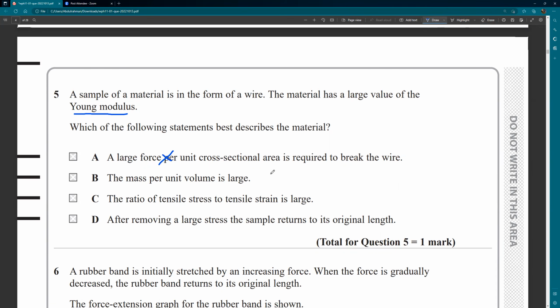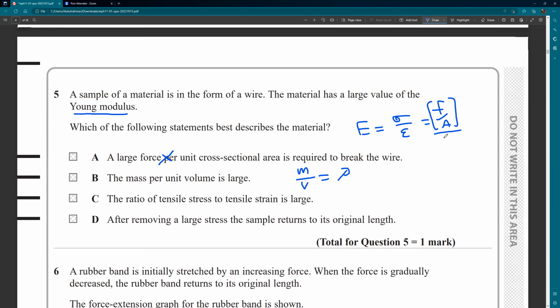B says the mass per unit volume. Well, what is mass per unit volume? Mass over volume, you should know, is density. And density is not really related to Young's modulus. Because if you look at the equation, is there any density involved? Is there any mass over volume involved? The answer is no. In fact, mass is not even part of Young's modulus, because this is force over area, and this is the force you're applying, by the way, not the weight of the material.